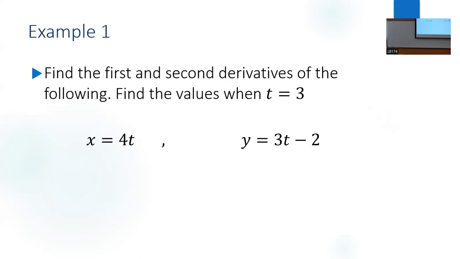So let's go through an example. Let's try to find the first and second derivatives of this. My parametric set of equations is x is equal to 4t, y is equal to 3t minus 2. And then it says find values when t is 3. We'll do that at the end.